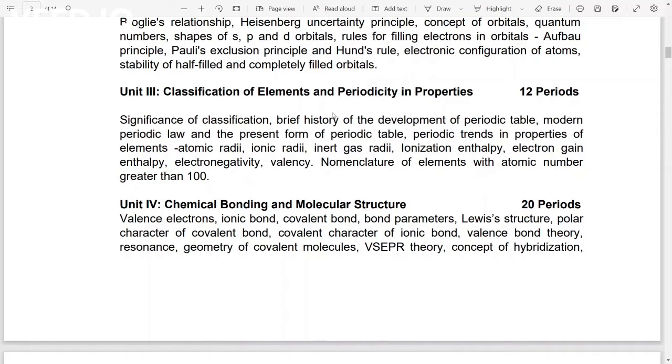We will also be covering some important parameters like atomic radii, ionic radii, inert gas radii, ionization enthalpy, electron gain enthalpy, electronegativity, and also the nomenclature of elements with atomic number greater than 100. Basically, we need up to 120.